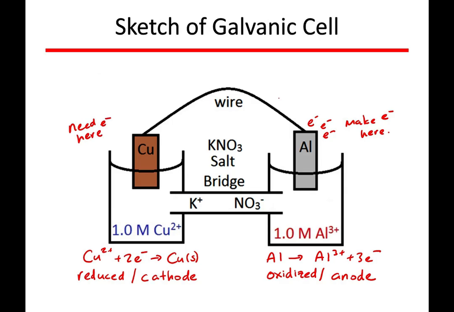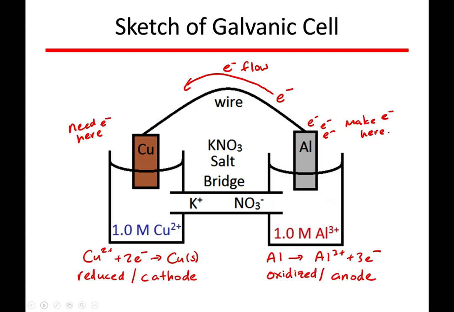And so you're going to take the electrons and send them from where they're made to where they're needed. The direction of electron flow will be from the anode to the cathode, just like that. All right, so we've already answered one part of the question that the problem asked us to deal with here, right? We've found what the direction of electron flow is.